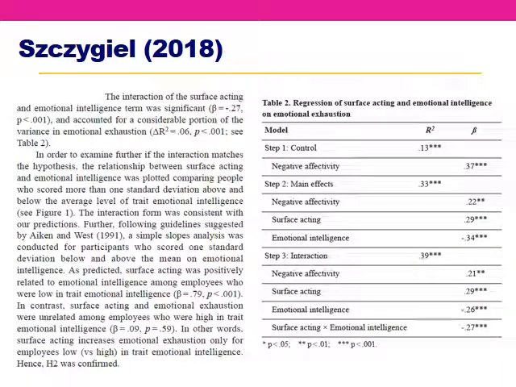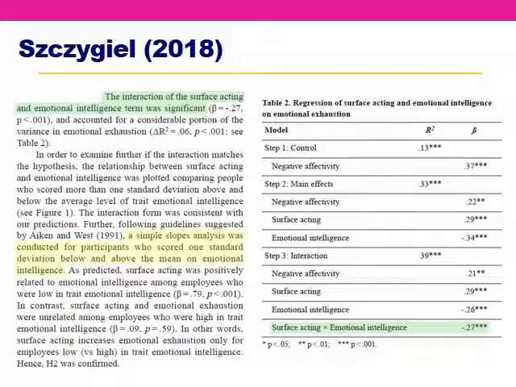So they presented their results in a table rather than in a graph. In step 1, they controlled for negative affect as a potentially confounding variable. In step 2, they added the two predictors, surface acting and emotional intelligence. And then in step 3, they added the interaction. And as you can see here, the interaction was significant. So then they went ahead and broke it down.